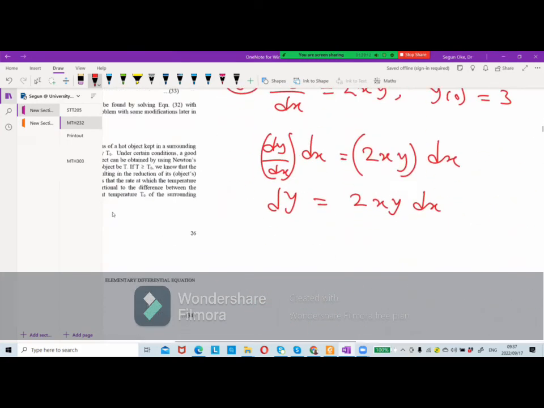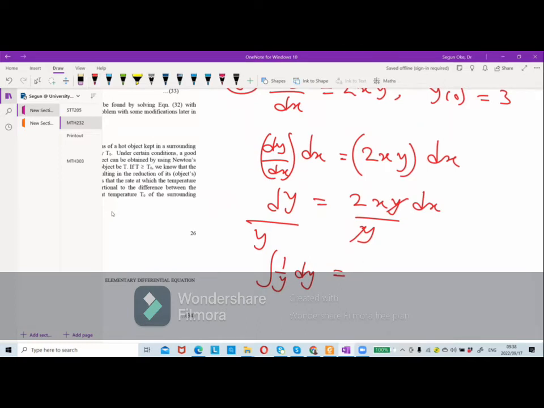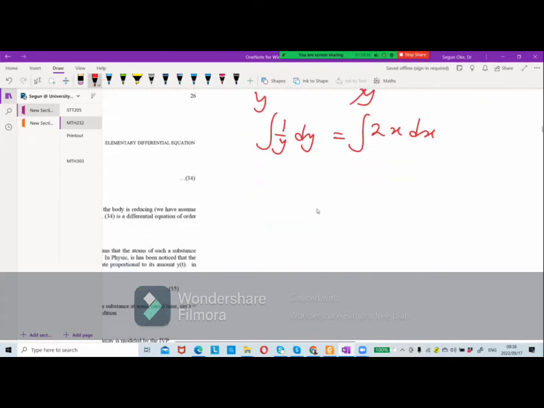So here you divide through by y, divide through by y. Here y cancels. So you have the integral of 1 over y dy equals the integral of 2x dx. So I can go ahead and solve this problem by saying I have ln y equals 2x squared over 2 plus c.